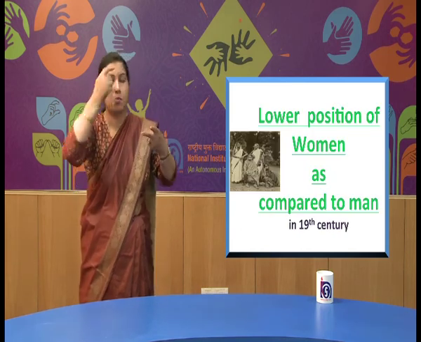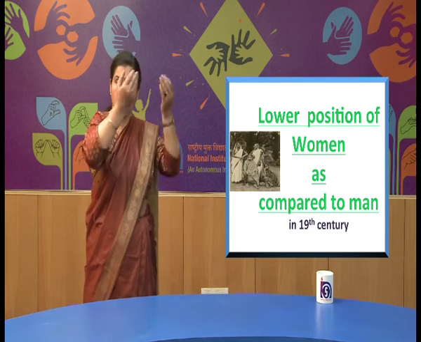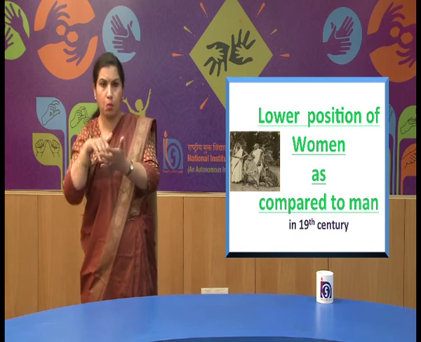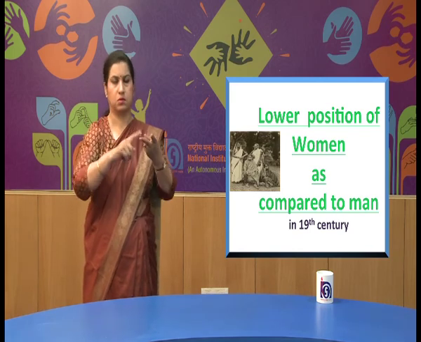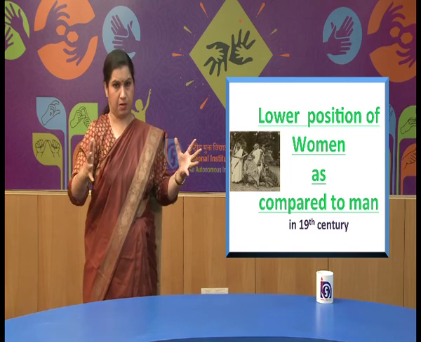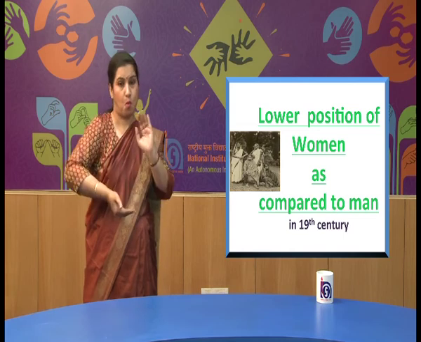The second problem was lower position of women as compared to men. This was another reason for the backwardness of Indian society in the 19th century.